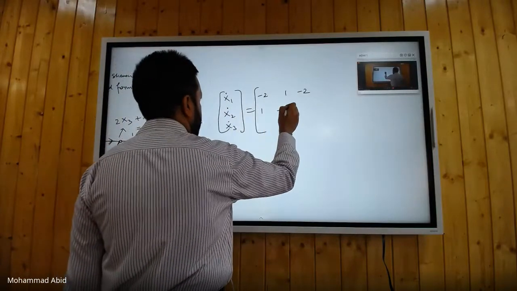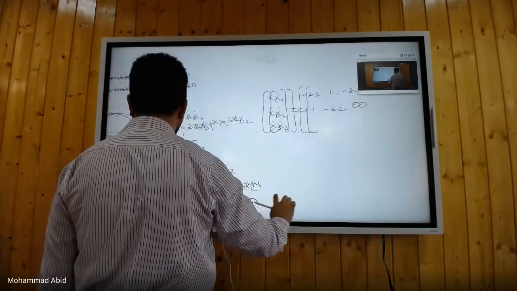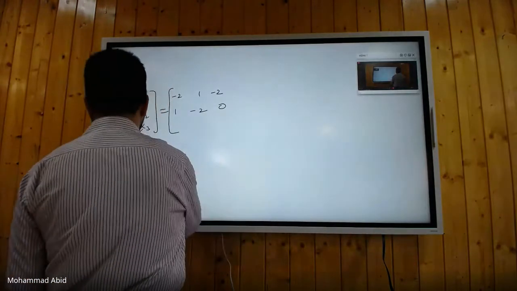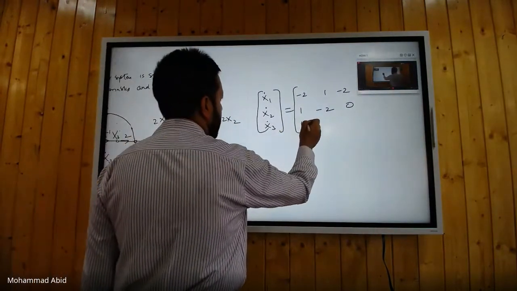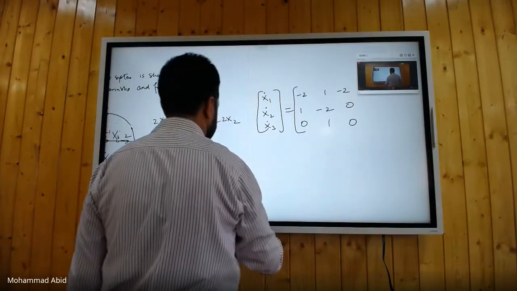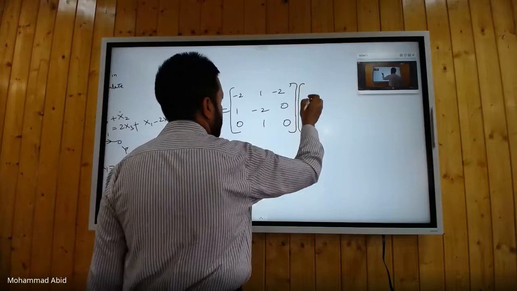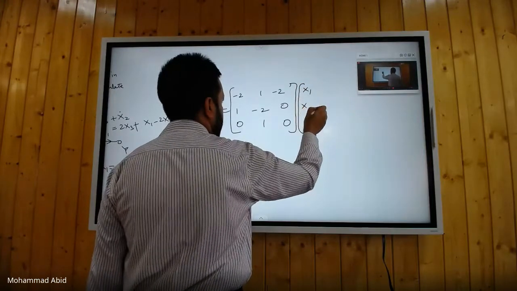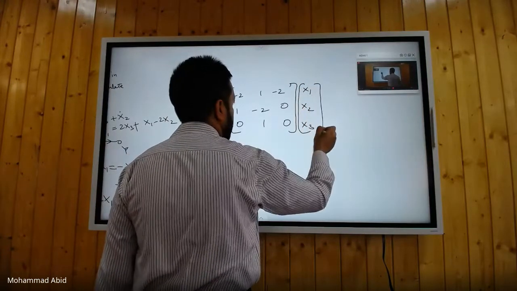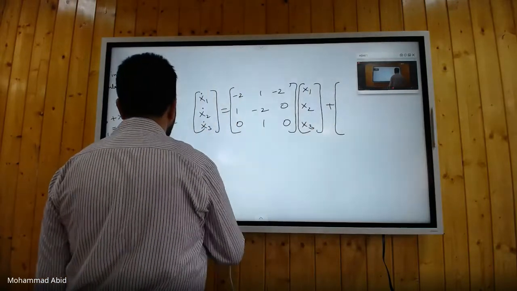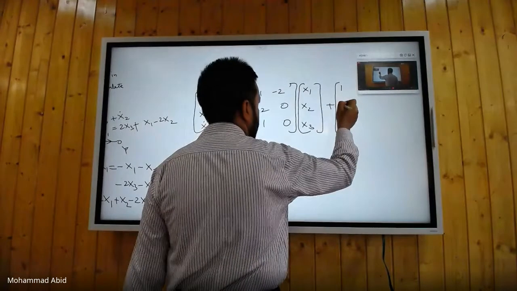So this is like this. And what is x3 dot equal to? x2. So it's like this: 0, 1, 0. Times x1, x2 and x3, plus u, which appears only in the first equation, so it's 1, 0, 0.